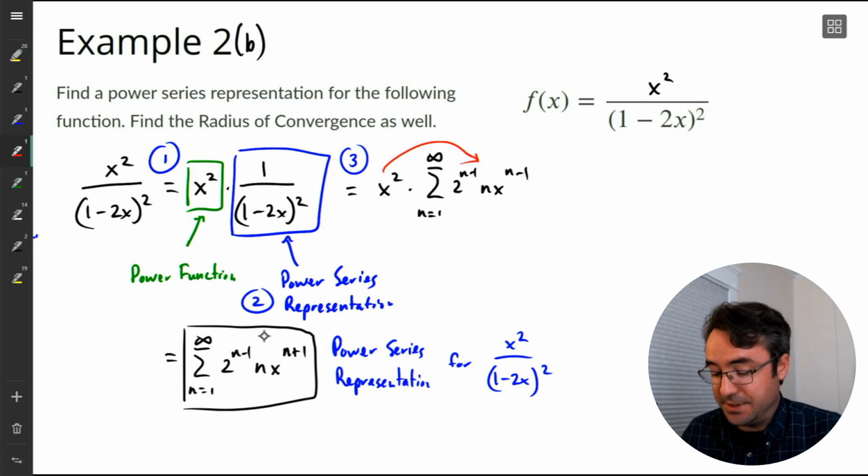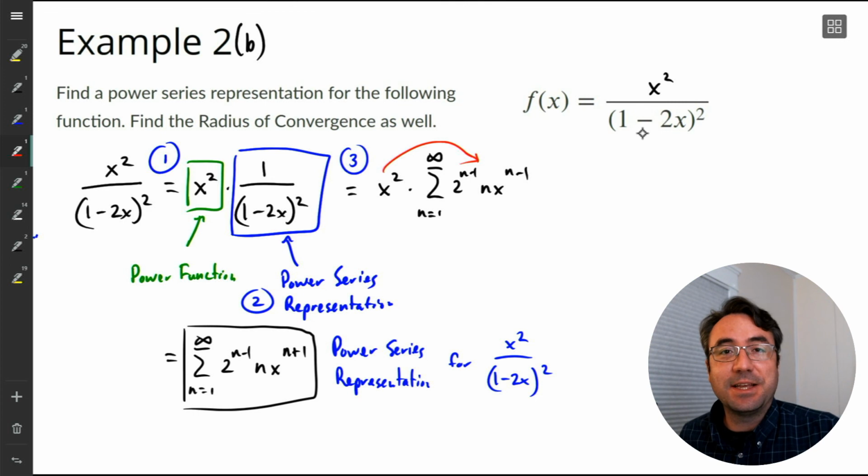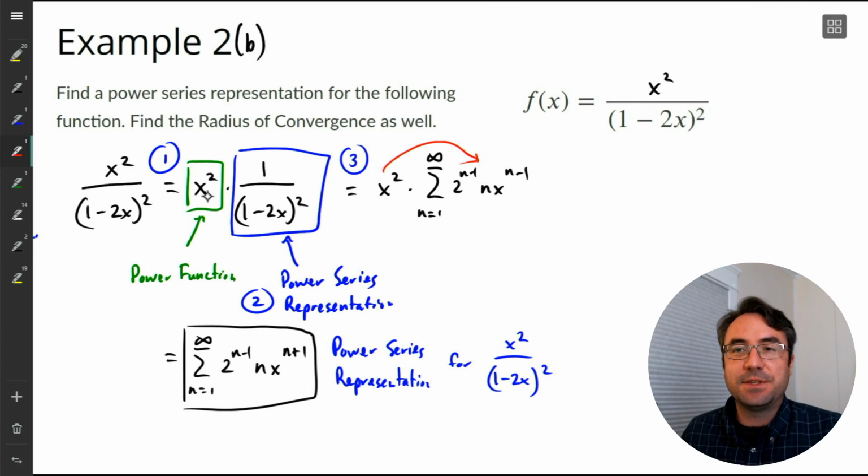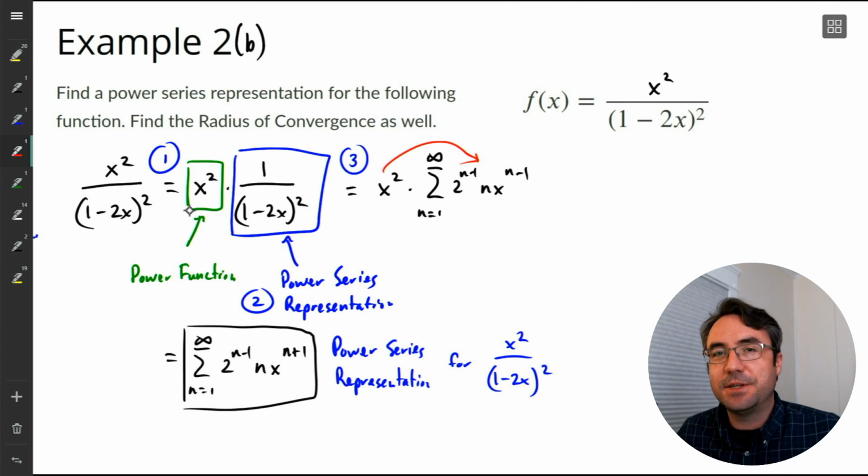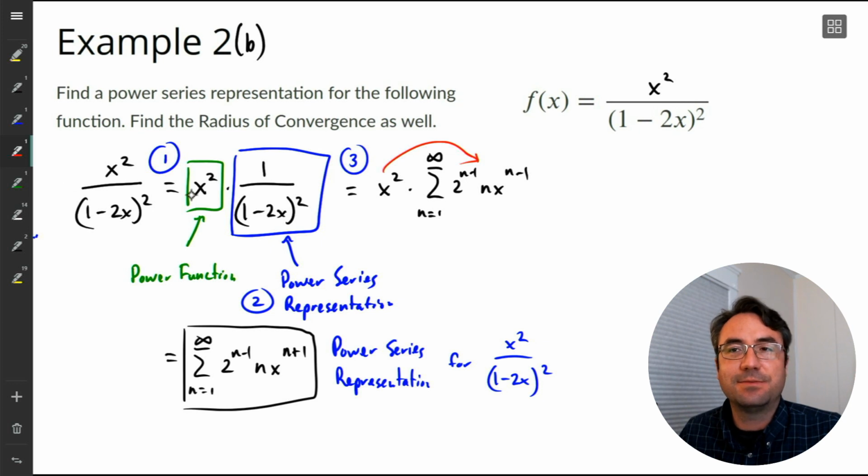And actually, this is the Maclaurin series. Finding this power series representation, because it's centered at x equals 0, this is the Maclaurin series. So we actually did find that. So this strategy can be useful for doing Taylor series, doing Maclaurin series. If you can get this power function, factor it out, you can really concentrate on getting the power series representation for that more complicated piece.